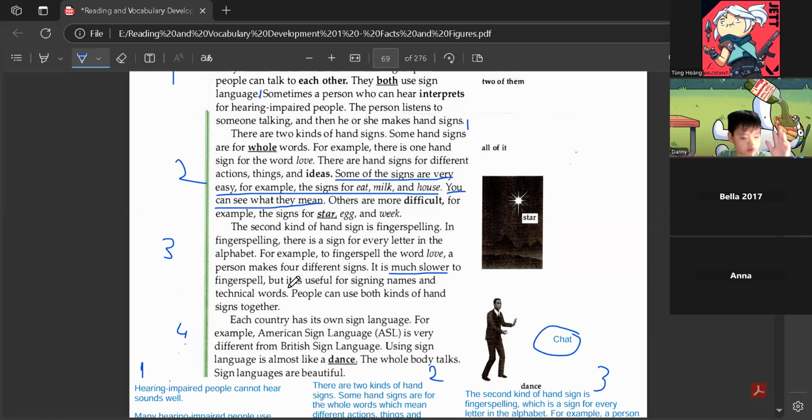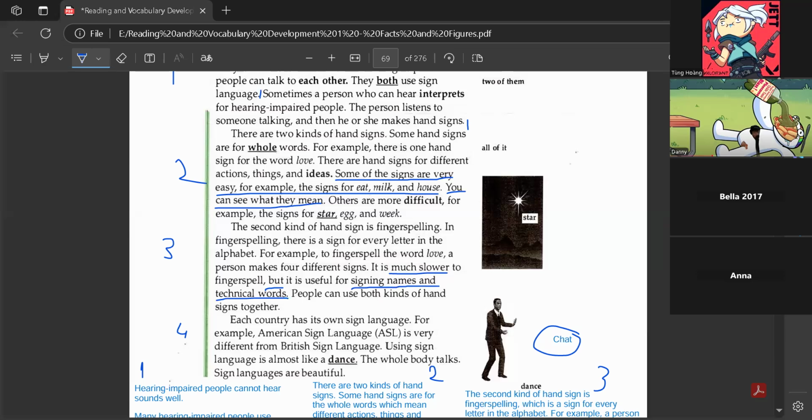It is useful for signing names and technical words. For example, if I want to do the sign for the name Anna, I'm going to do 4 different signs.